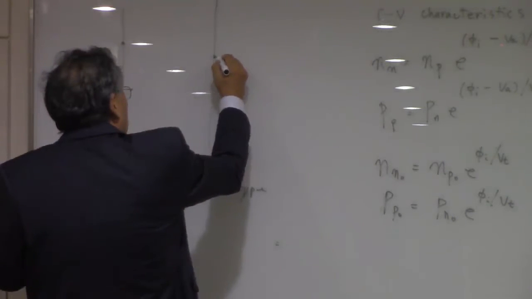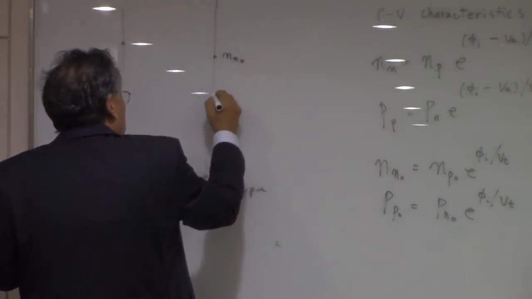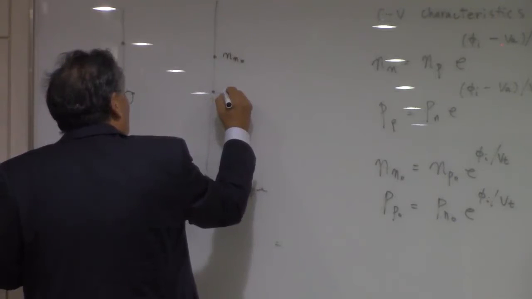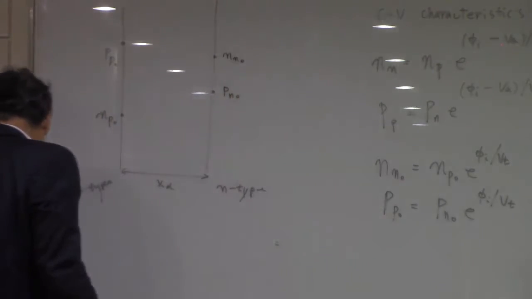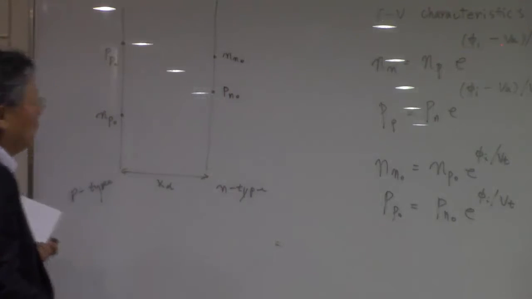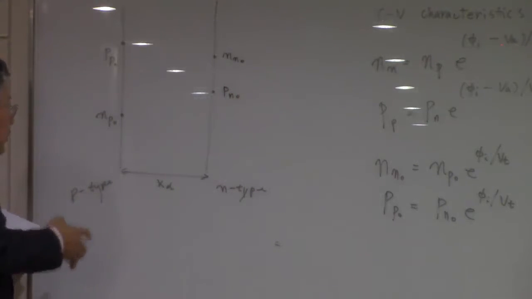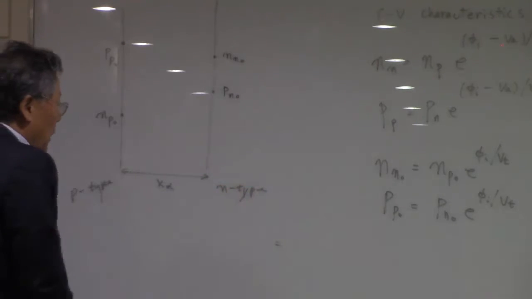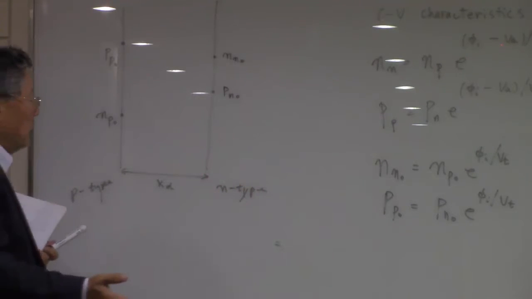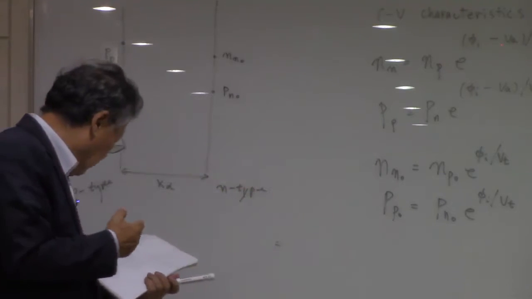And here, n_n0 and p_n0, something like this. Okay, we have a minority carrier concentration and a majority carrier concentration on each side before application of the voltage.